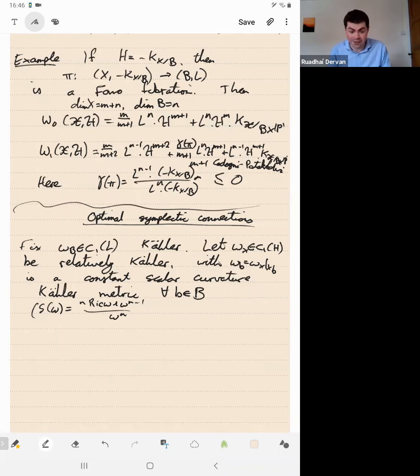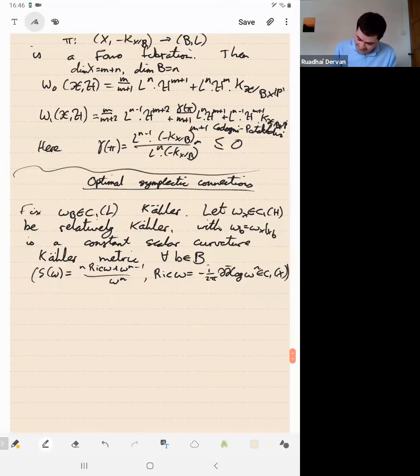The Ricci curvature is produced by thinking of omega as a Hermitian metric on the tangent bundle. So omega^n is a Hermitian metric on the anti-canonical class, and the Ricci curvature is the curvature of that metric. This lies in c_1(X), the first Chern class of X. So this is the classical notion of a constant scalar curvature metric, the same as the notion in Riemannian geometry.